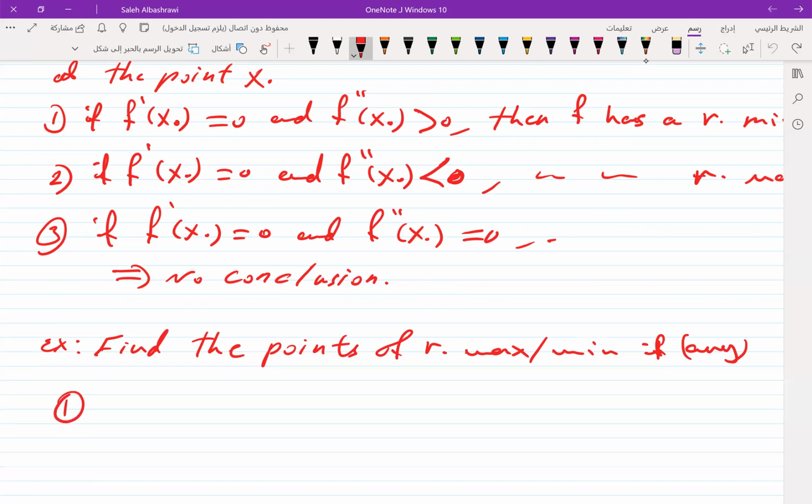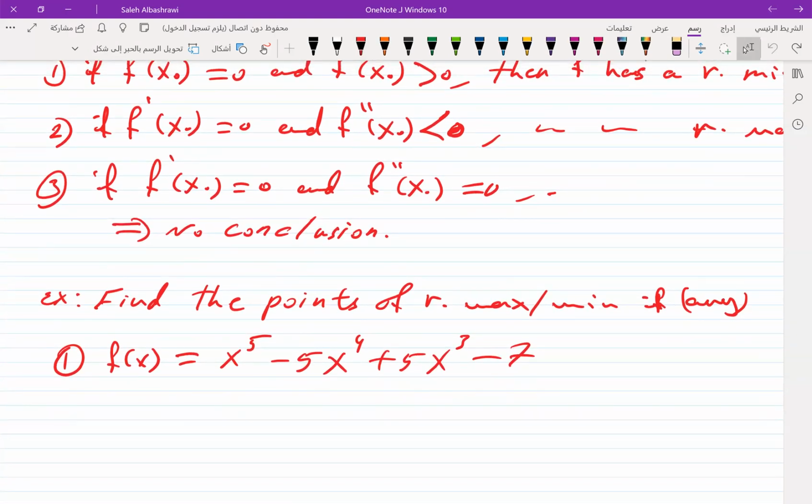Number one, we have f of x equal to x to power 5 minus 5x to power 4 plus 5x to power 3 minus 7.